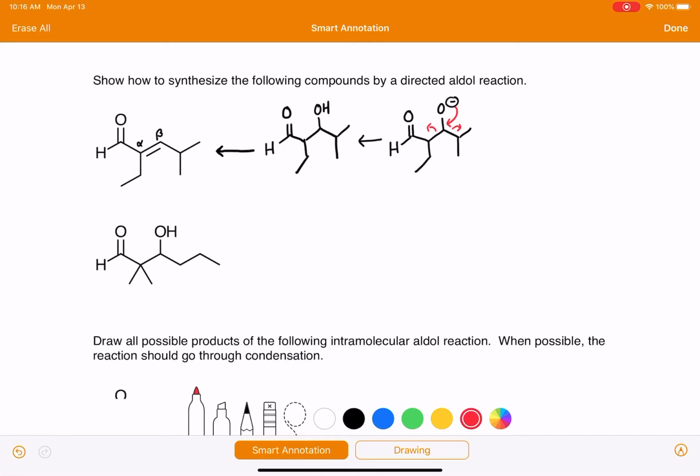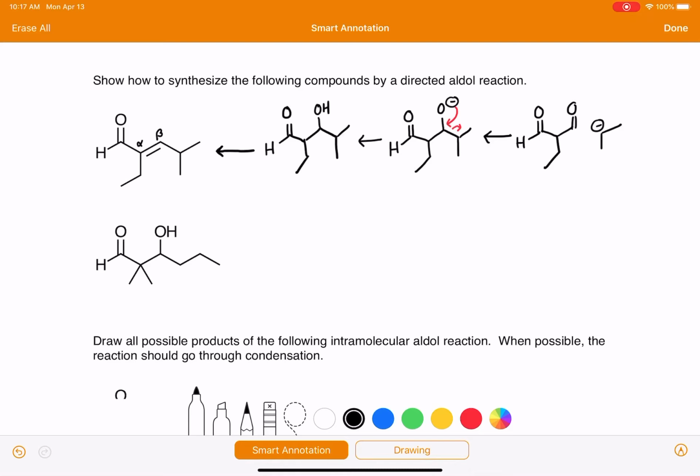Well, you know that this reaction involves two carbonyl compounds together, like two aldehydes or two ketones. So let's think logically about this. If we broke the bond like this, we would end up with this molecule right here.